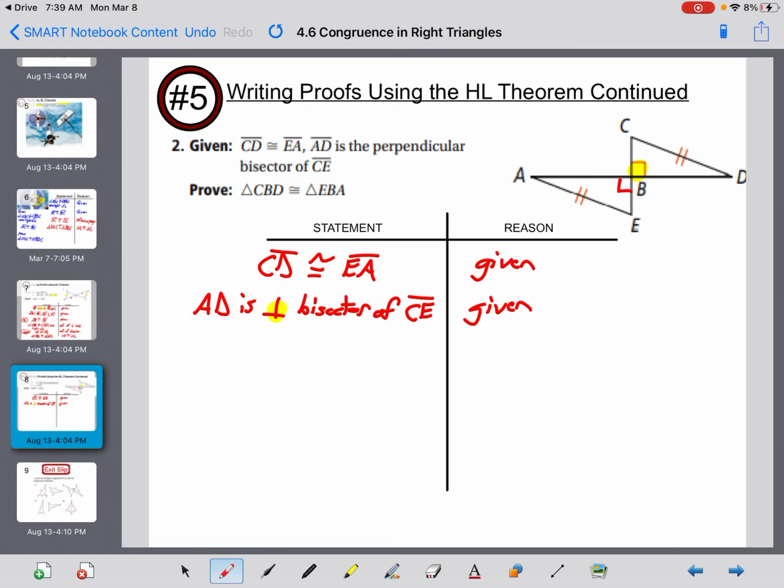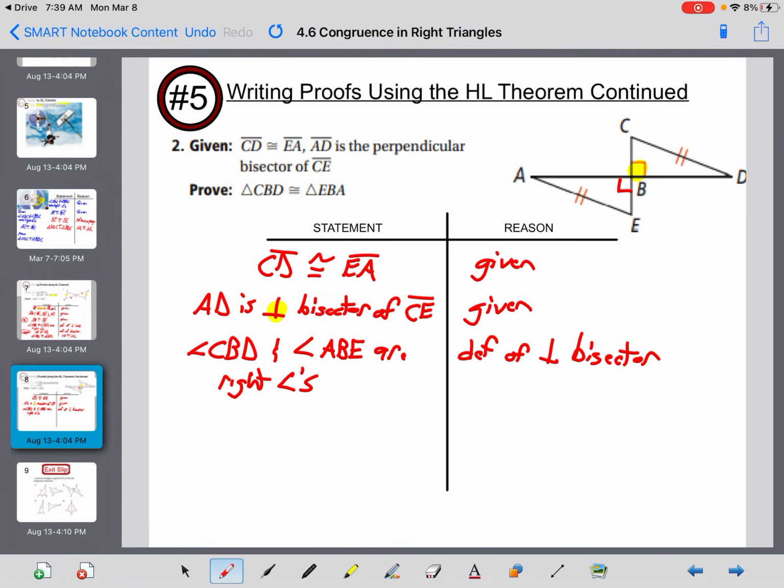So we can say that angle CBD and angle ABE are right angles. Definition of perpendicular bisector. Okay, so we have the hypotenuse here. We've said that they are right angles. And now we just need a leg.